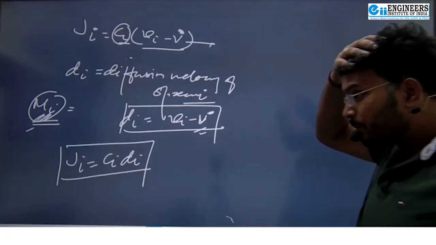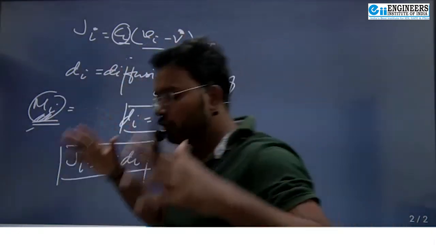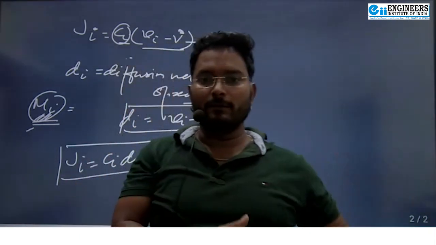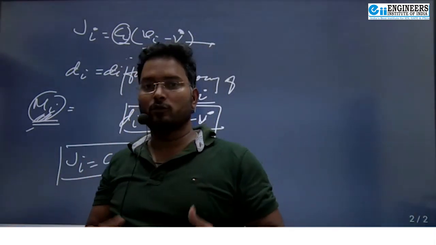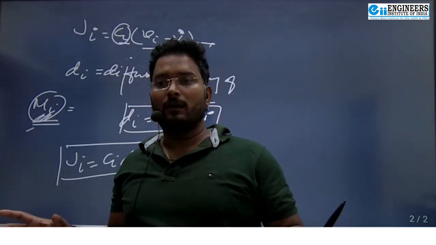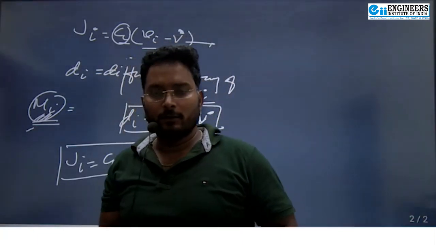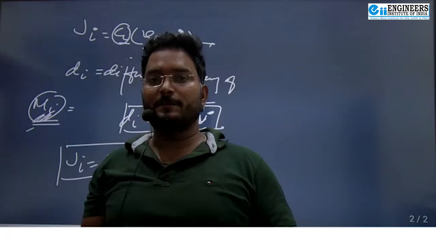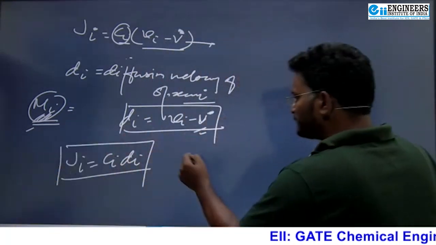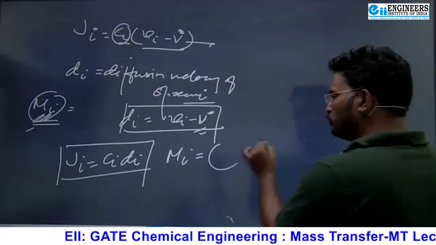Now, as I told you, when the bulk is moving, if you want to find out the flux of species A with respect to the observer, you will find the contribution of two terms. One is its own feature, the other is due to bulk flow. So how can you find the contribution of the bulk flow in the total flux? How can you find the rate of transfer of species i due to bulk flow? I told you, listen carefully, this Ni consists of two terms.